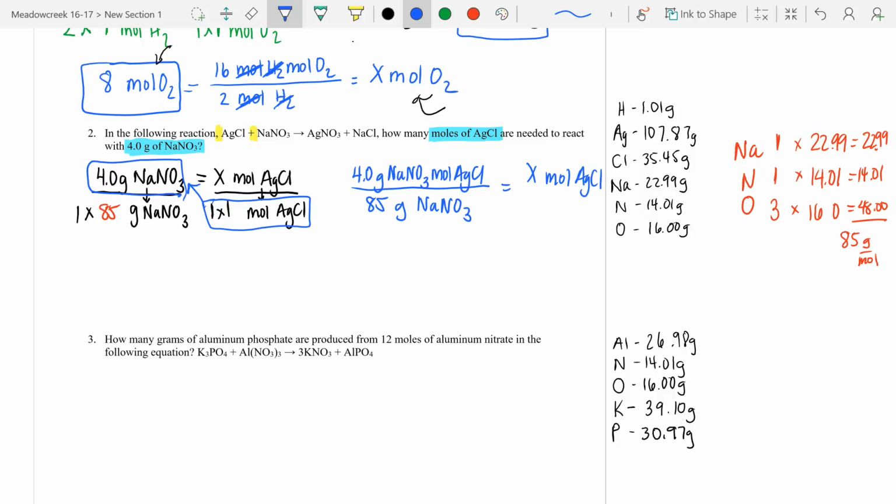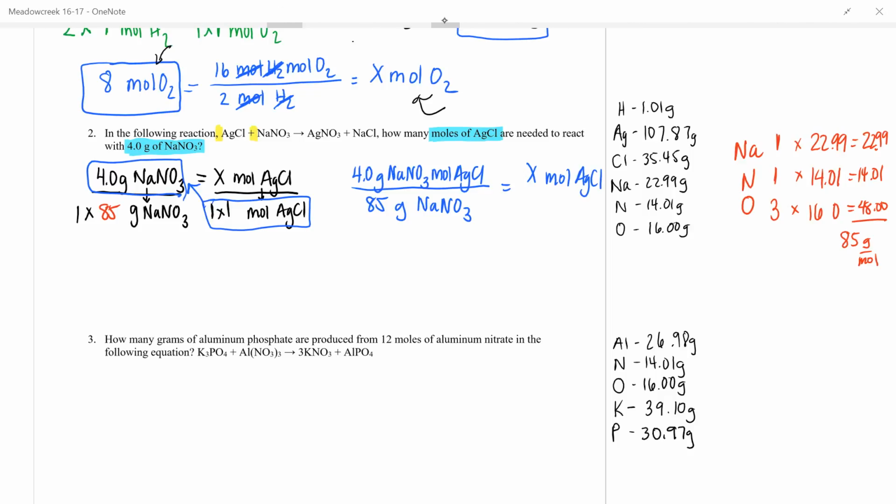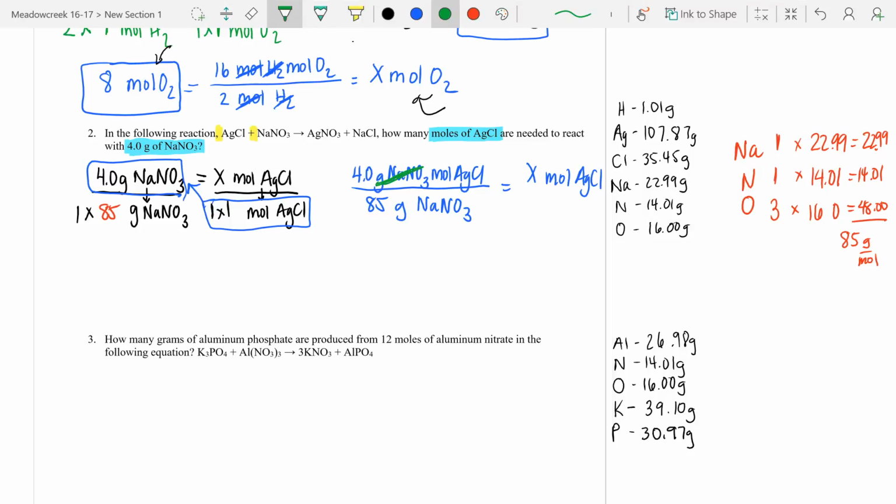Now, when I do this, I see one thing cancels out. I got grams sodium nitrate canceling out with grams sodium nitrate here. And when in my calculator, I say 4.0 divided by 85, I get 0.047 moles of silver chloride as my final answer.